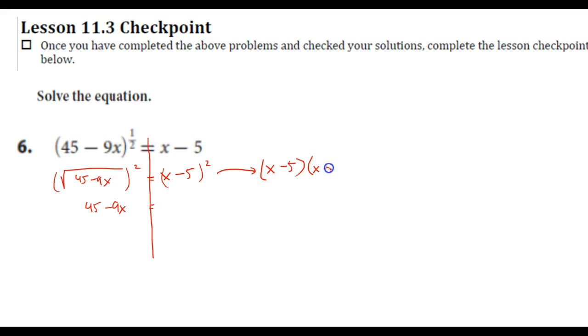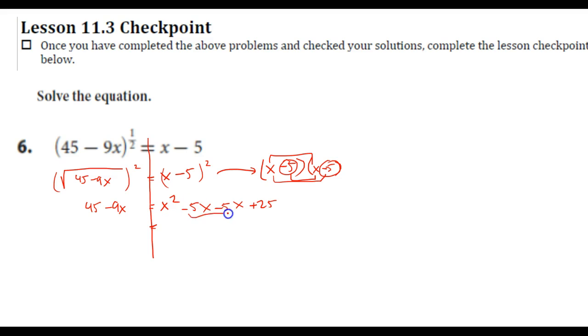That would be x minus 5 times x minus 5, so that would be x squared, negative 5x, negative 5x, and negative 5 times negative 5 would be positive 25.